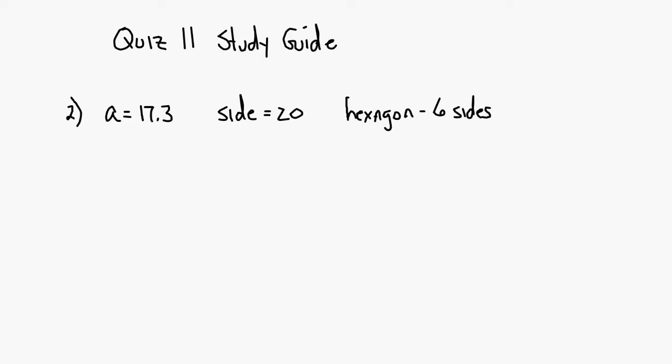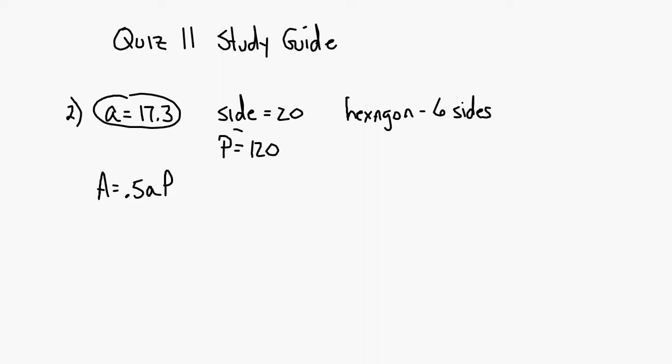The formula is area equals 0.5 times the apothem times the perimeter. You've got the apothem, but you need the perimeter. If one side is 20 and there are 6 of them, the perimeter is 6 times 20, which is 120.